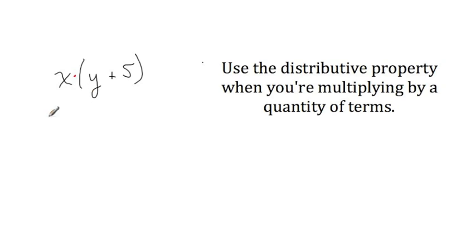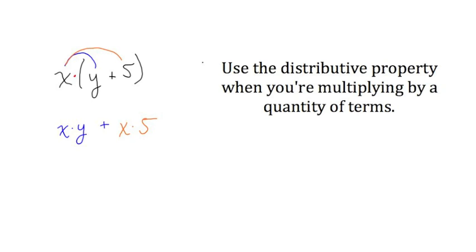We have terms. So yes, we can use the distributive property, and when you use the distributive property, you distribute the expression out here, the x, to every term inside the parentheses. So this is going to be x times y, bring down the plus sign, x times 5.